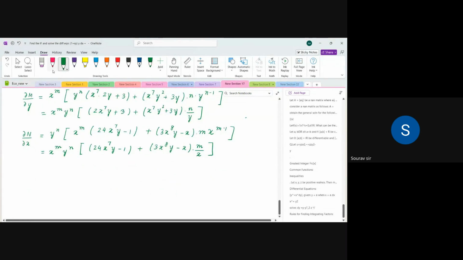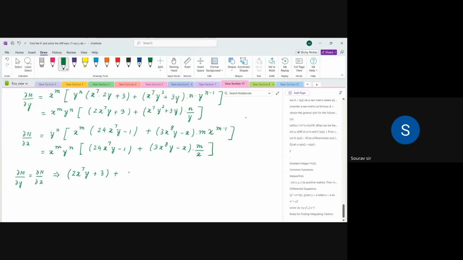So when you equate them, these two will cancel out basically. So del m by del y is equals to del n by del x. So x to the power m, y to the power n will cancel from both sides, and you are left with only the part inside the brackets.